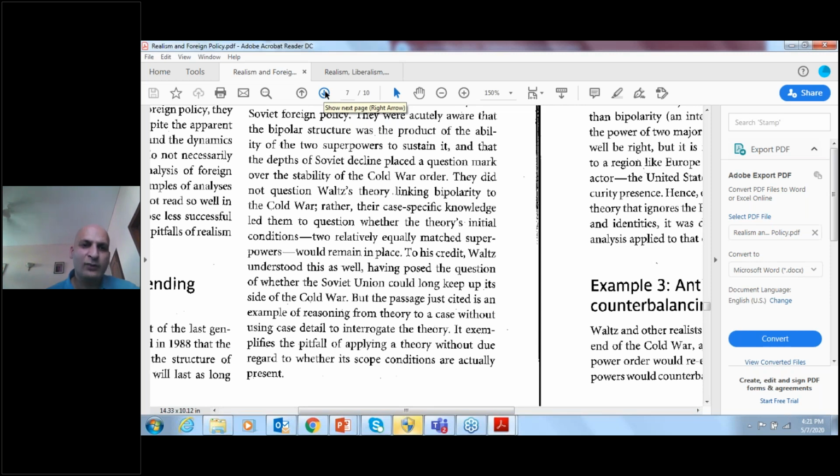But what he didn't take into account was that the Soviet Union was internally weak, growing weaker. That is, one of the two powers facing each other was not able to sustain the conflict. So he did not have case-specific knowledge of what was happening inside the Soviet Union.